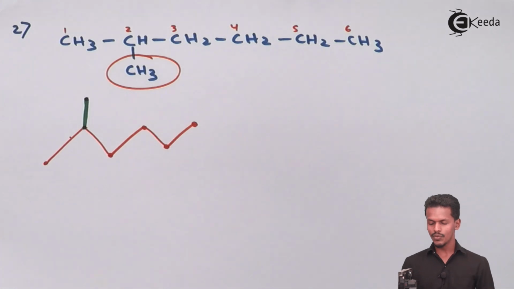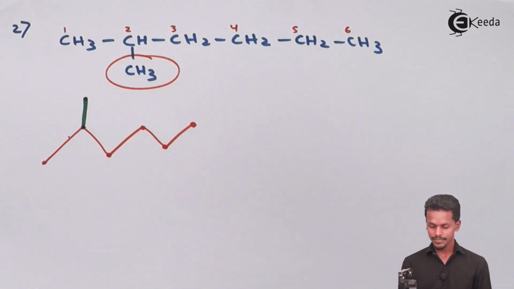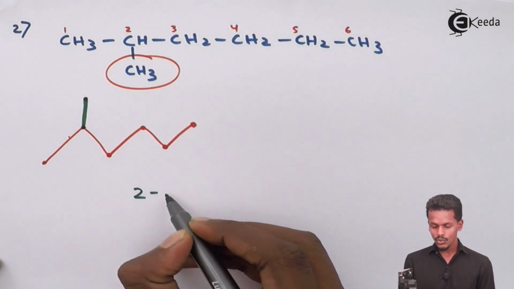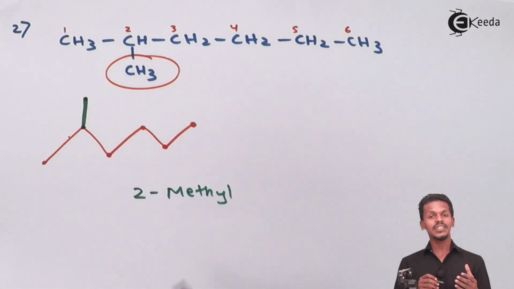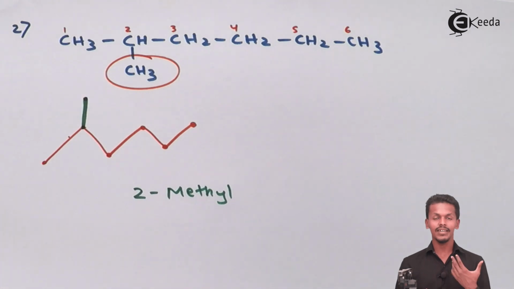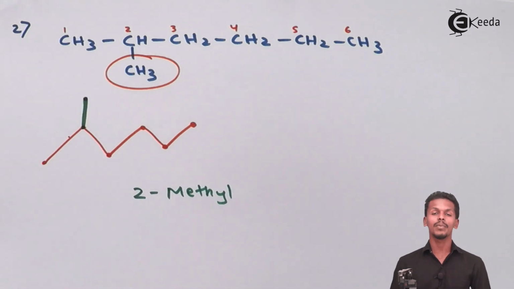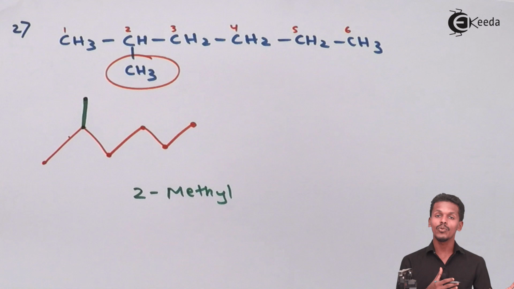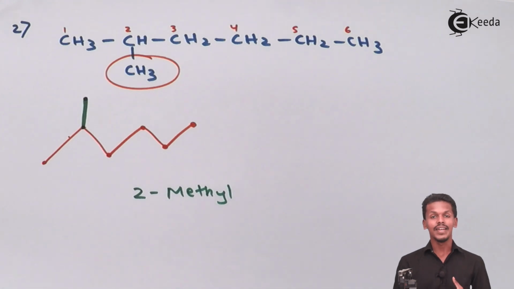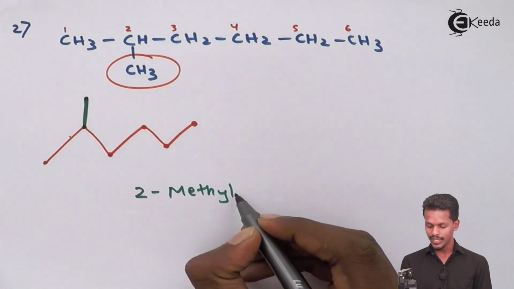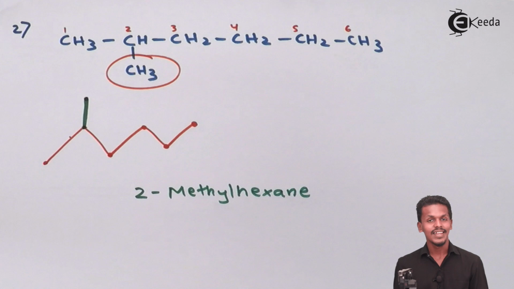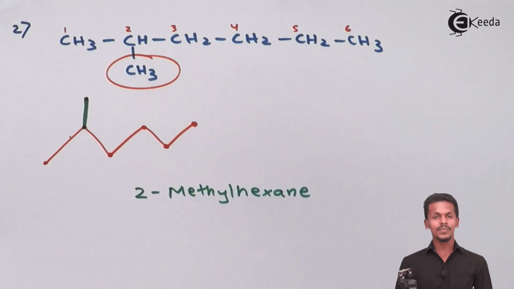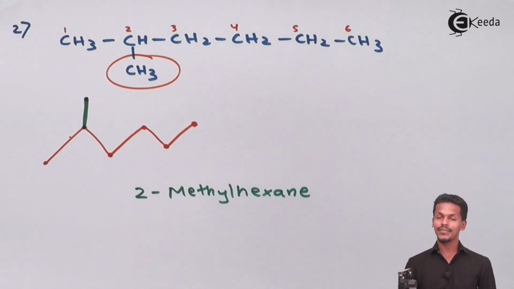So the name would be written as 2-methyl, and the total number of carbons in the straight chain is 6, and 6 carbons in terms of alkane are known as hexane. So this would be named 2-methylhexane.